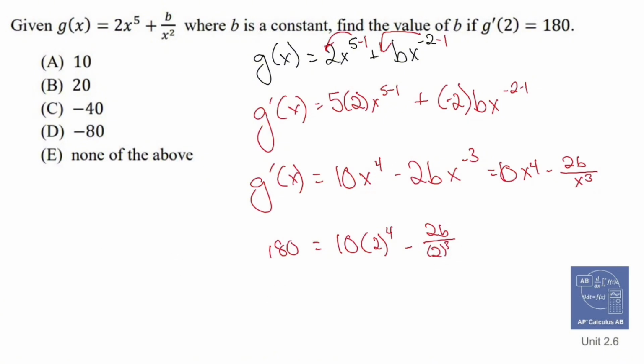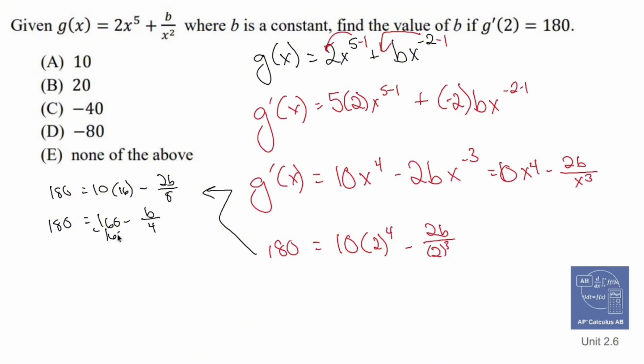All right, so let me move this over here where I'm probably going to need the space. We have 180 equals 10 times 2 to the 4th, which is 10 times 16, minus 2b over 8. So 180 is going to equal 160 minus b over 4. Now it's a two-step equation.